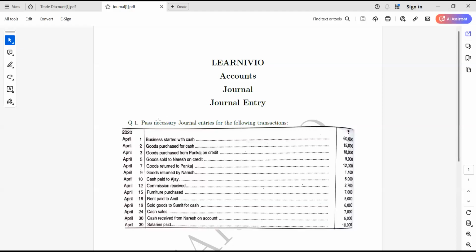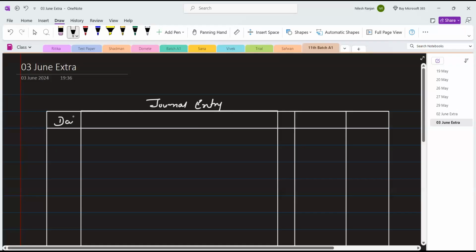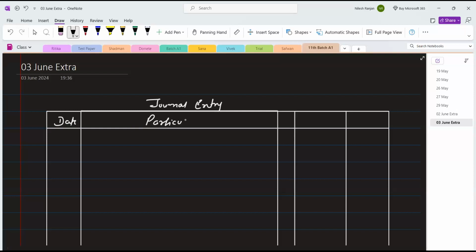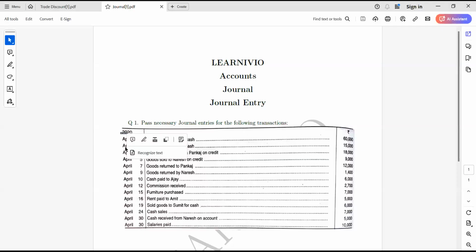The transaction is 2020. First I will write the date, particulars, LF, debit amount, and credit amount. Yes, sir. Now, first of all, the year 2020 is written in this portion. Now we will start with April 1st.